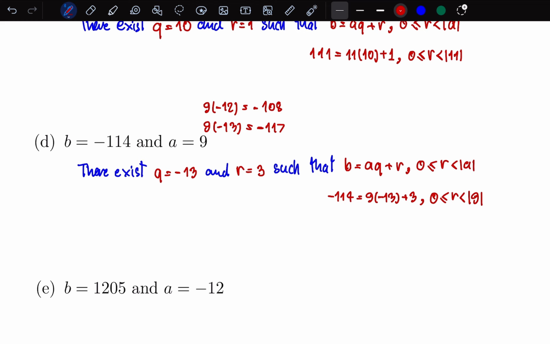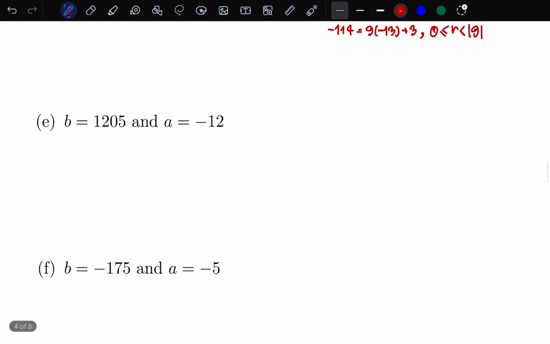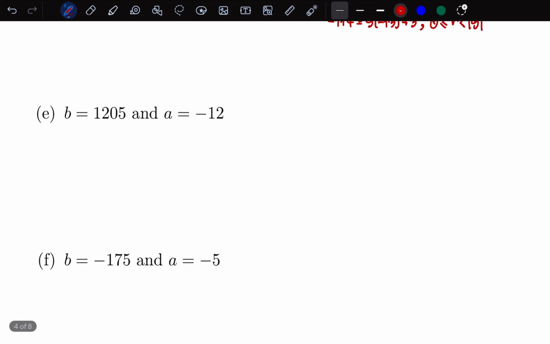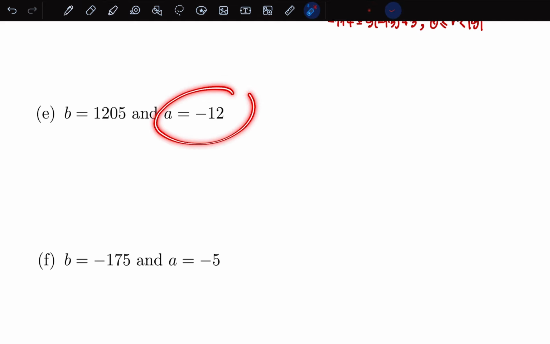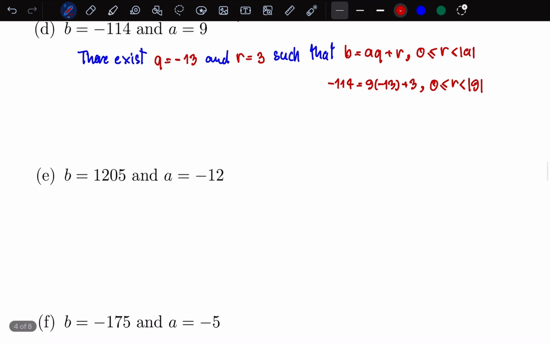Okay. Next one. B is 1205 and A is minus 12. What do we have right here? Okay, so there exists Q, which is, okay, let me think, minus 100, right?